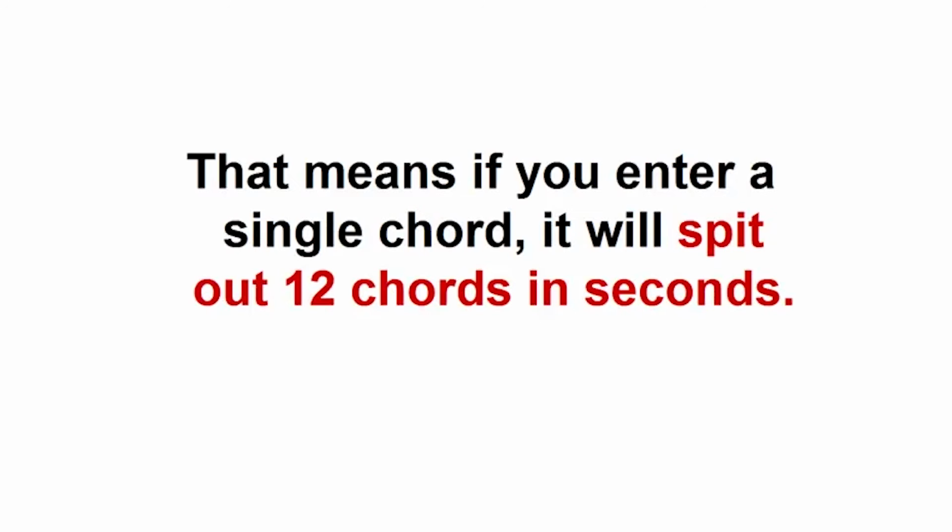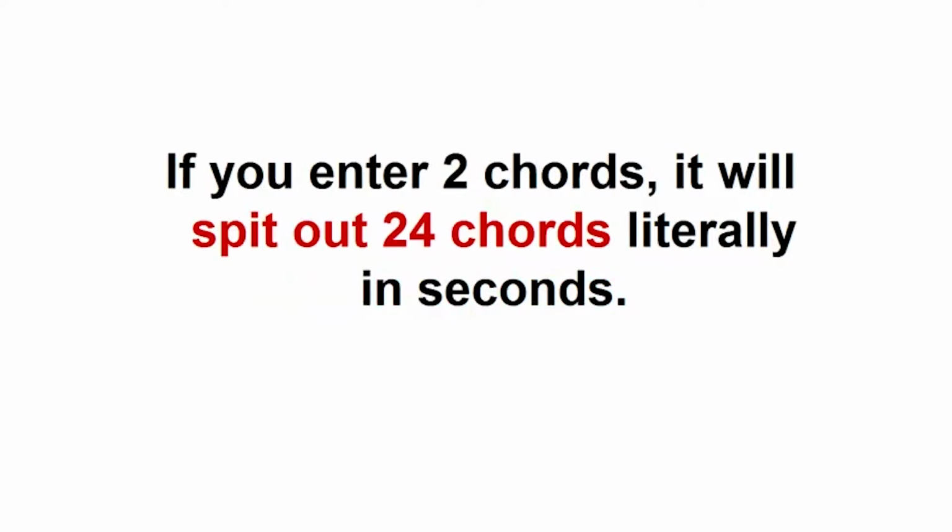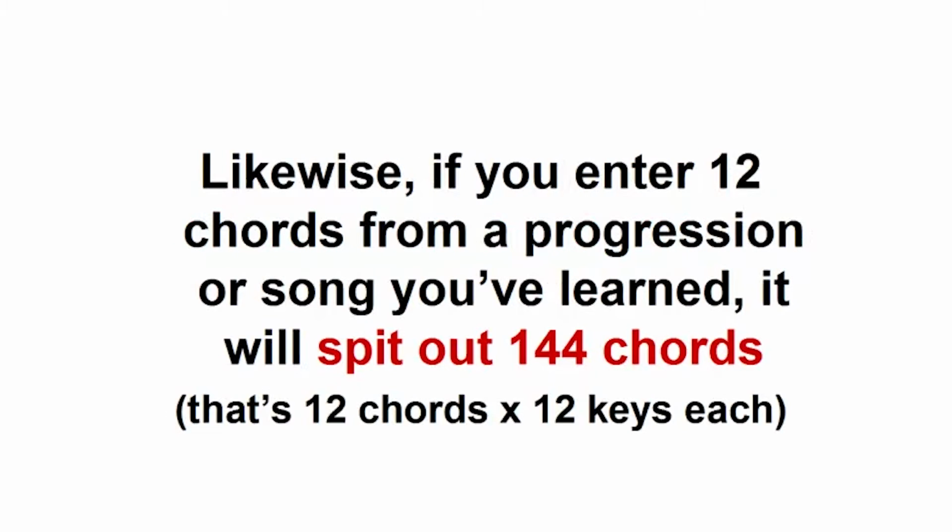Wouldn't that be helpful? That means if you enter a single chord, it will spit out 12 chords in seconds. If you enter two chords, it will spit out 24 chords literally in seconds. Likewise, if you enter 12 chords from a progression or song you've learned, it will spit out 144 chords. That's 12 chords multiplied by 12 keys each.